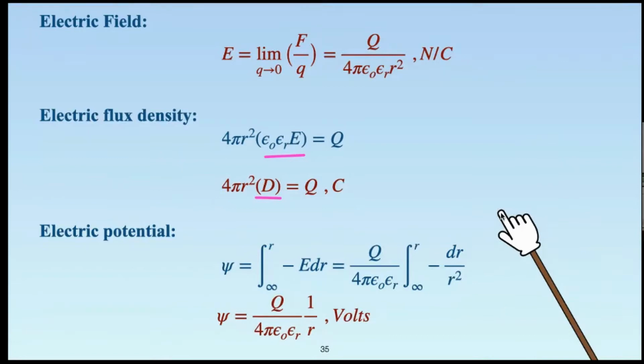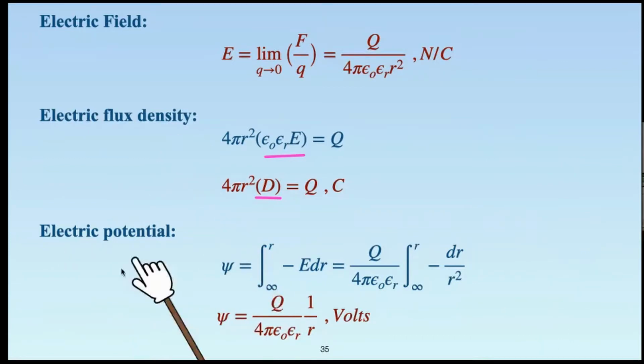Once you derive electric flux density, next is electric potential. Potential is represented by various symbols; psi is one of the symbols that is used. If you remember, the definition for electric potential is the work done in moving from infinity up to a point, which will give you the electric potential at that point.